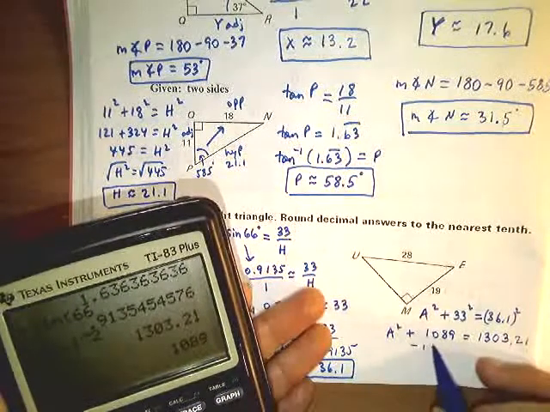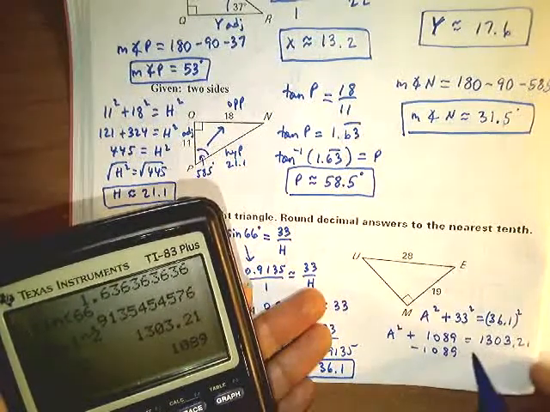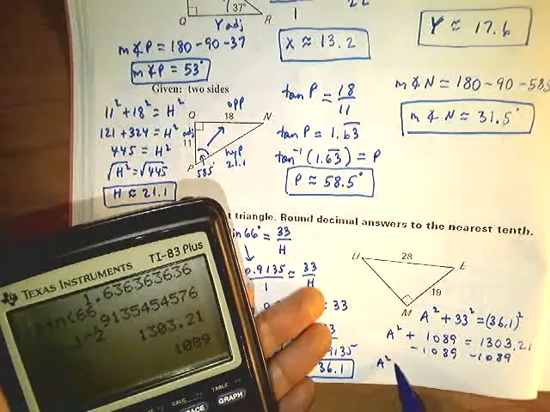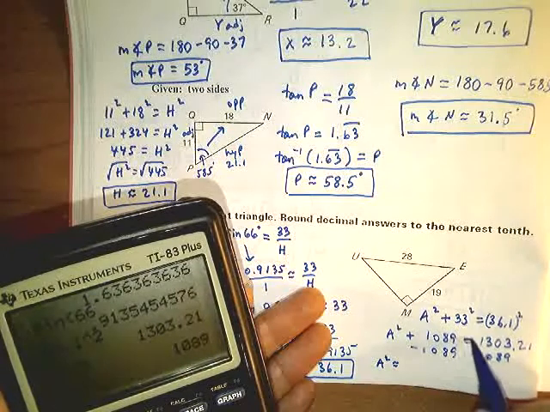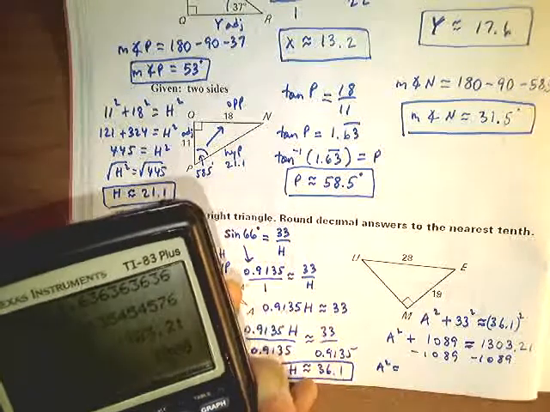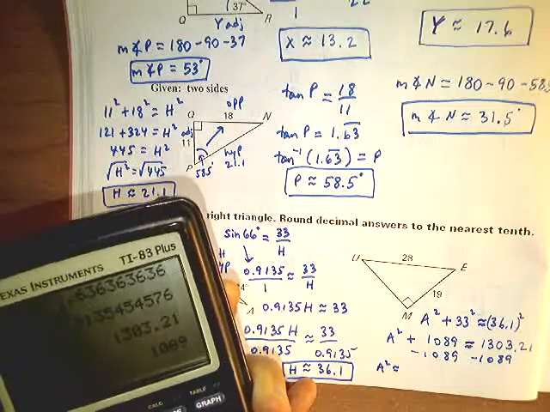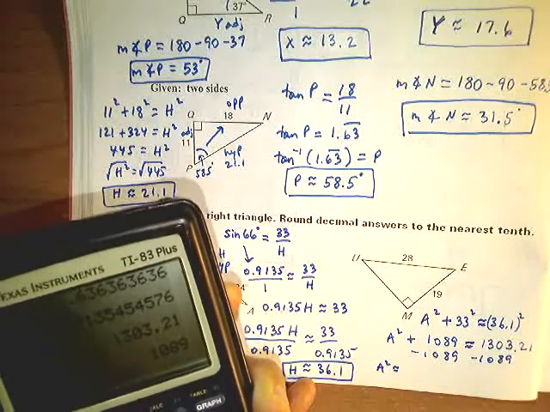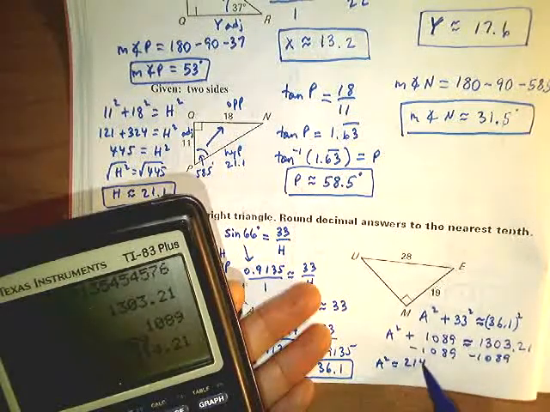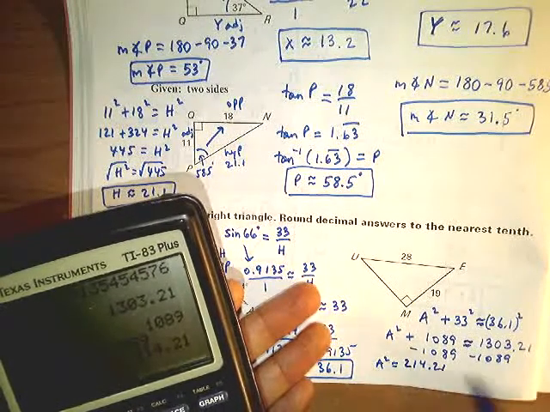So I'll subtract 1,089 from both sides. A squared is about, these are all approximate because the hypotenuse length is approximate, so 1303.21 minus 1089 is 214.21.